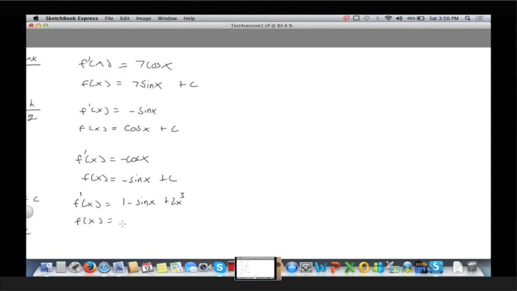It'll just be x. Gives us sine of x. That would be negative cosine. Yeah, negative cosine. So just plus. What gives us this? 4.